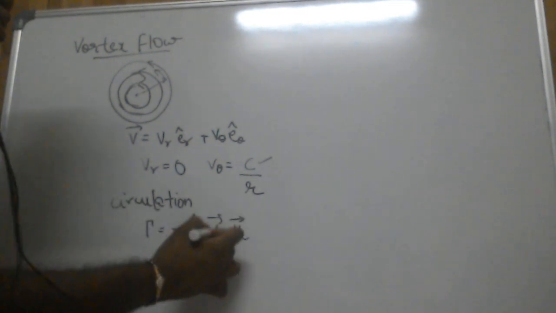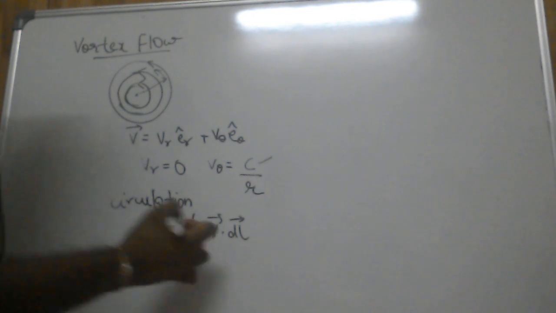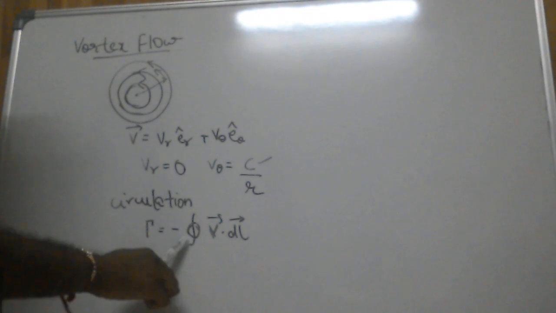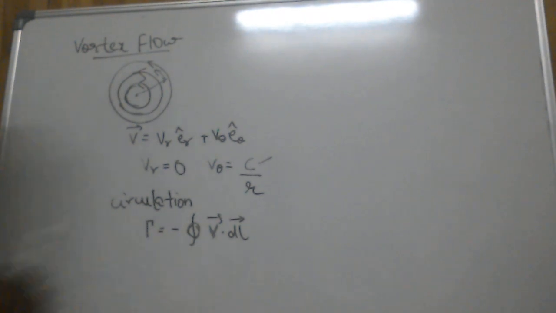The circle on the integral says that it is a line integral over a closed loop. So the line integral over a closed loop of V dot dl gives the circulation. In this case, let's say that the circulation is gamma, and let's find out what the circulation would be for any given streamline in the vortex flow.